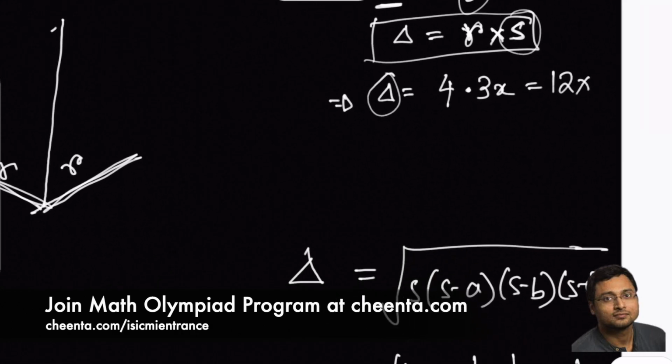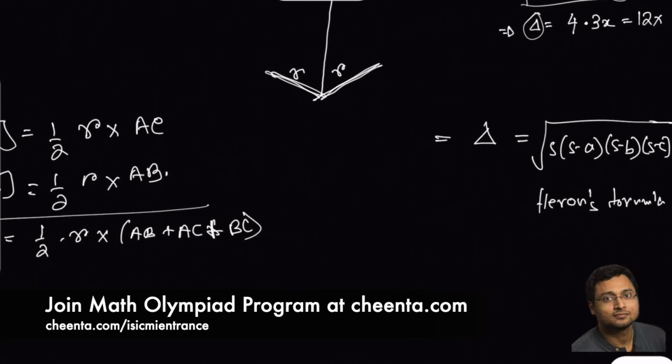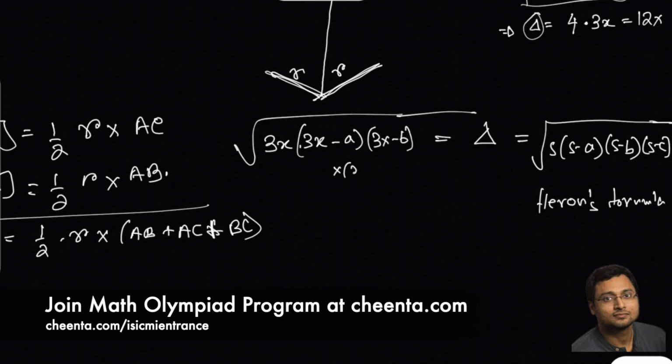Now let's use Heron's formula here. So this is the square root of 3x times 3x minus the first side, 3x minus the second side, times 3x minus the third side. So that's also the area. Let me use this.